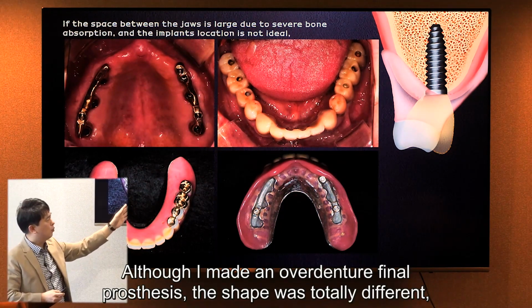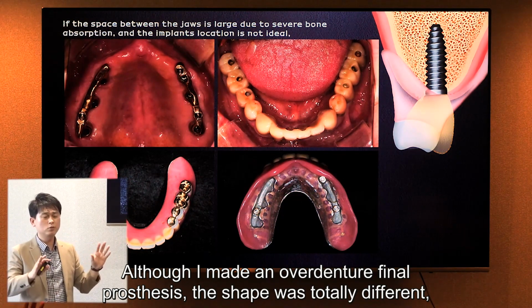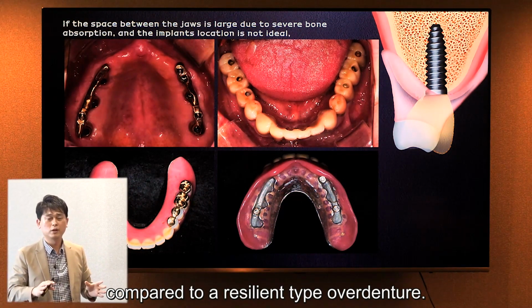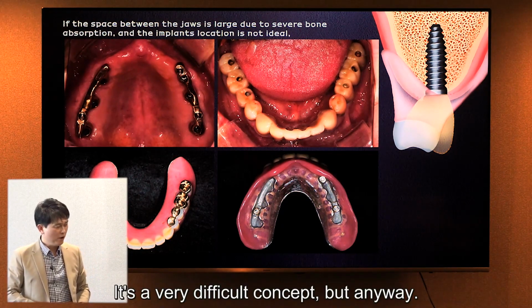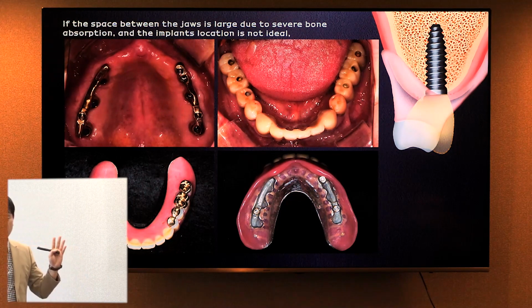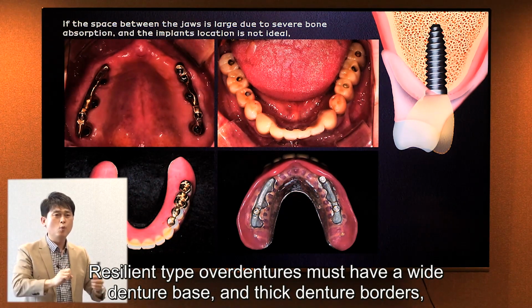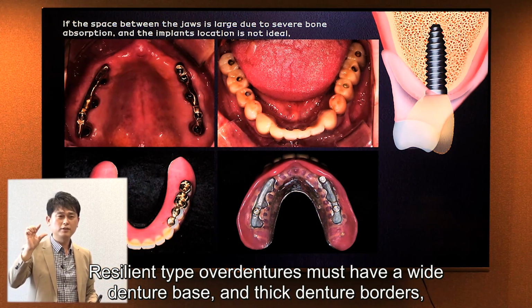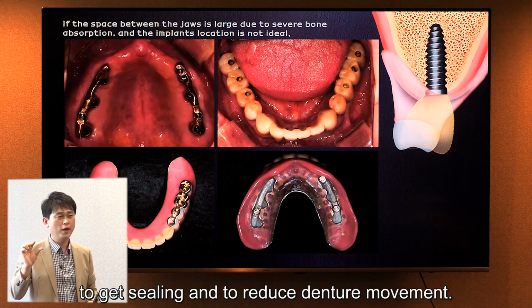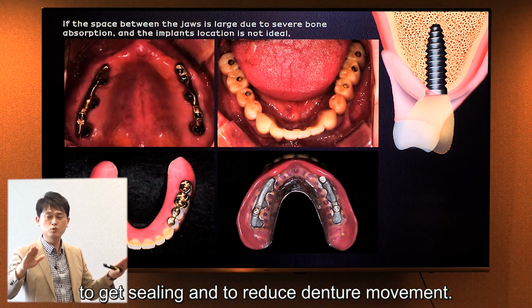Although I made an overdenture final prosthesis, the shape was totally different from the resilient type overdenture. It's a very typical concept. But anyway, the resilient type overdenture needs a wide denture base and thick denture border to get the sealing and to reduce the denture movement.